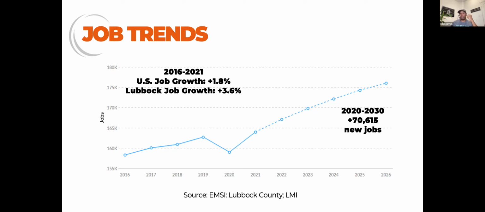That's a good problem to have. So people are flocking there for the low cost of living. When I was down there recently, there were a lot of people working remotely in Lubbock just because the cost of living was so low. And it's such a great town. Next.